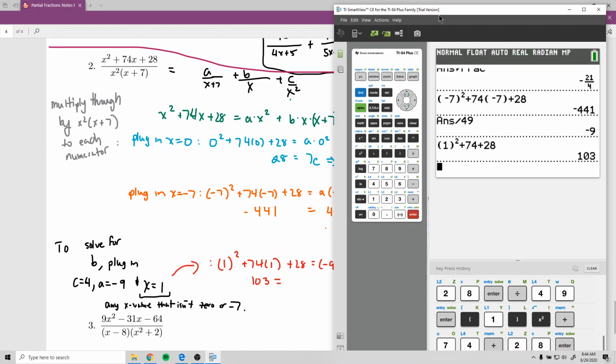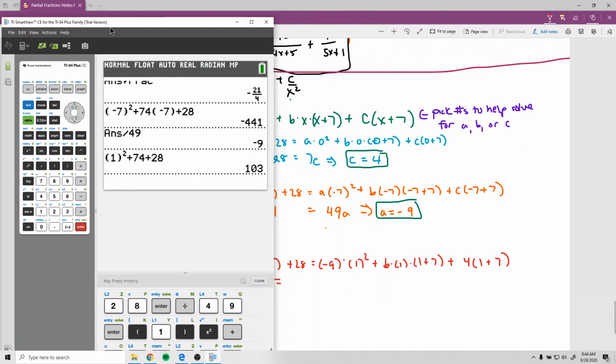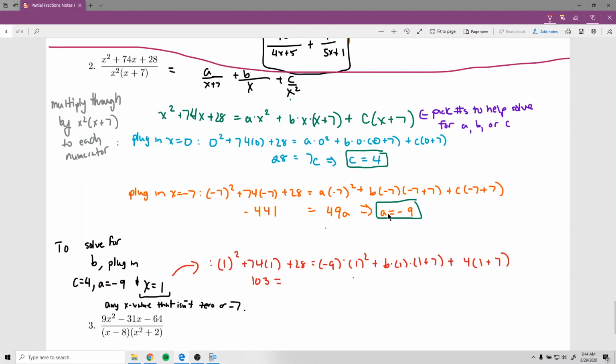On the right side, actually, this is small enough to work with. We don't need our calculator. Negative 9 times 1 is negative 9, plus B times 1 times 8 is 8B, plus 4 times 8 is 32. Then combine these like terms, 32 and negative 9 add to 23.